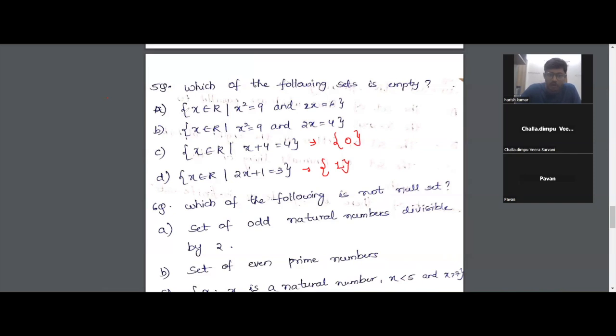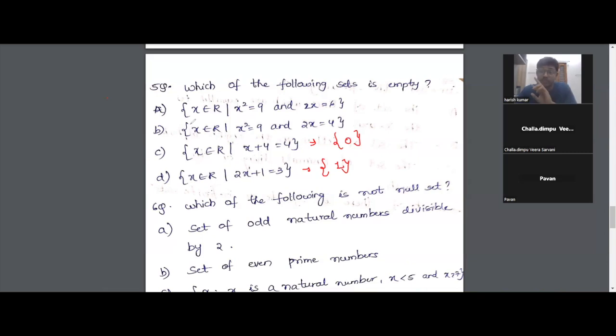Let's say option A. x belongs to R. x should be a real number such that x square equals 9 and 2x equals 6. That means both of them should hold. I have to find the value of x such that when I square it, it equals 9, and when I multiply it by 2, it equals 6.